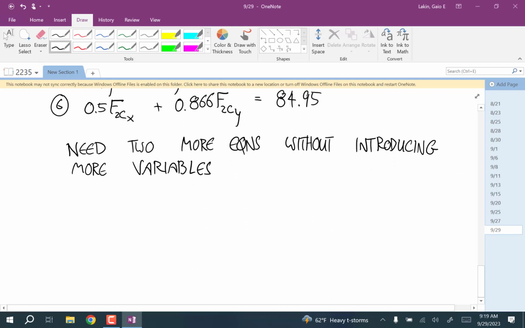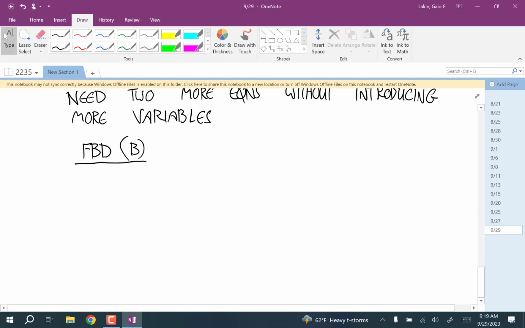Okay, and if we isolate the pin B, what forces act on this?